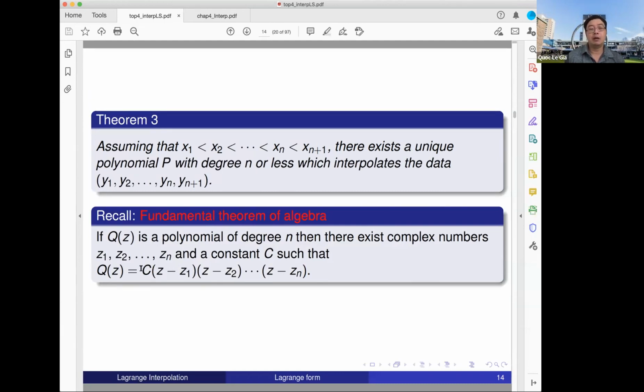If you take a linear function, it's obvious, but if you take a quadratic, you always have complex roots, remember? So you can write out (z minus z1)(z minus z2). And this is true for any polynomial of degree n: you can always factor it as a product of n factors, (z minus z1) up to (z minus zn). The z1, z2, up to zn could be complex numbers. They call this the fundamental theorem of algebra.